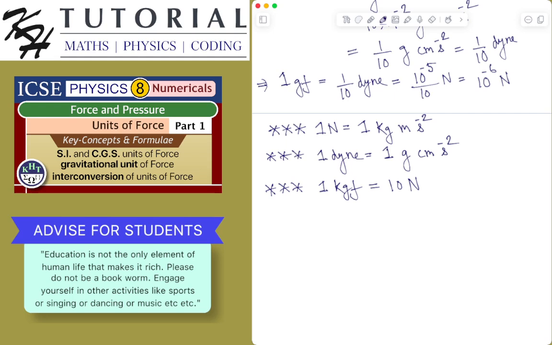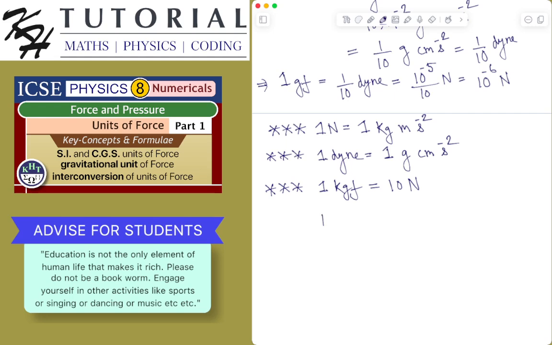Using this, I think you can easily convert from Newton to dyne, or dyne to Newton, and Newton to kgf or kgf to Newton. And how much was 1 gf? Now from 1 kgf equal to 10 Newton, you should be able to derive how many Newton will be 1 gf.